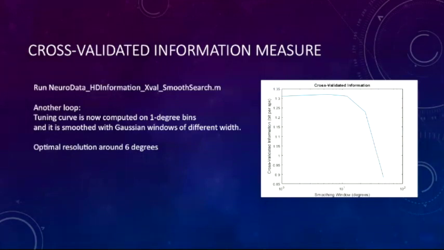So this is the amount of information for different bins, and you have a maximum around here, okay? And then, of course, if you use a very large bin, you're going to lose information. So that, again, will tell you how you can look at your data.